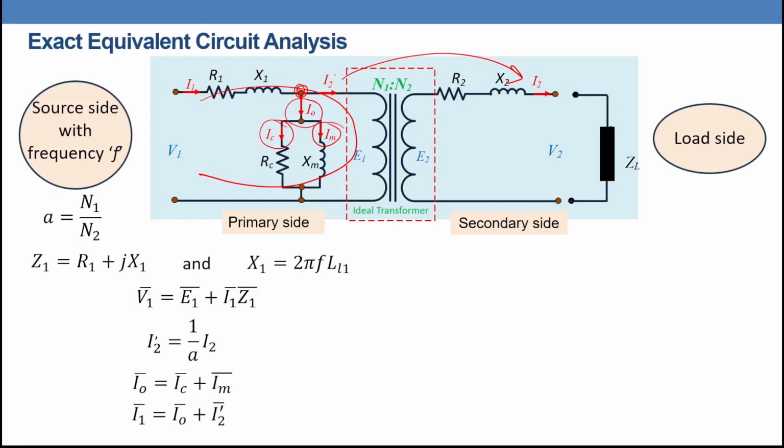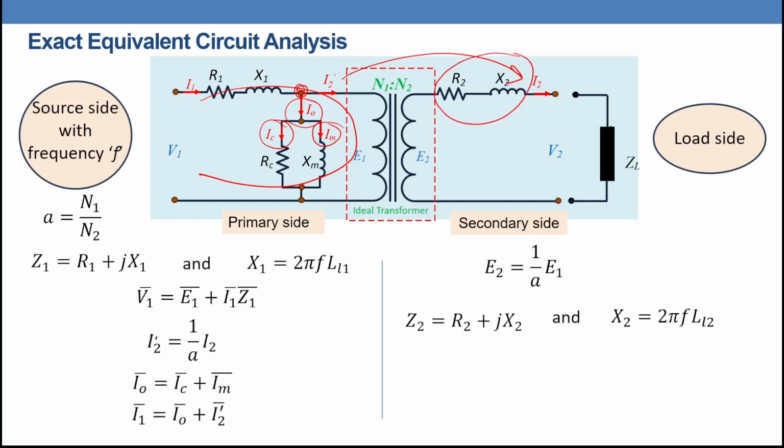We need to move to the secondary side, where E2 equals 1 over a times E1, and from this one we can calculate V2. R2 plus jX2 represents the impedance in the secondary side, where X2 equals 2πf L leakage 2. In this case, V2 and E2 are linked by Kirchhoff's voltage law, where E2 equals V2 plus I2 Z2, and V2 equals I2 Z load.